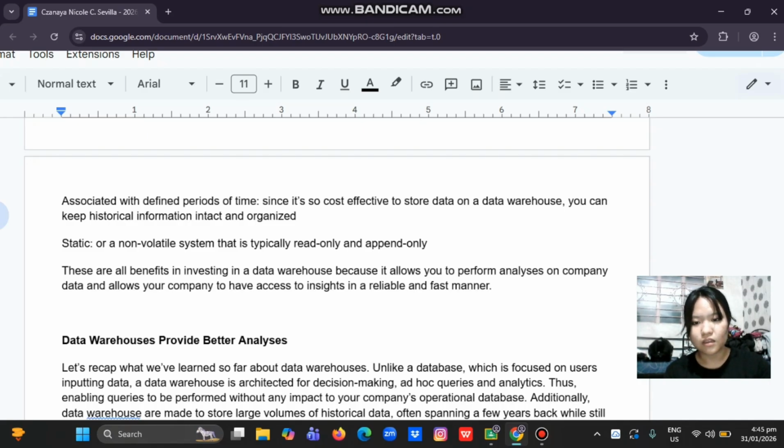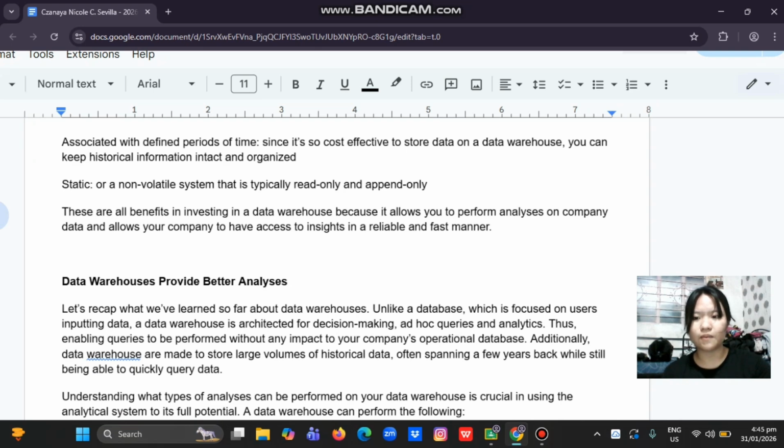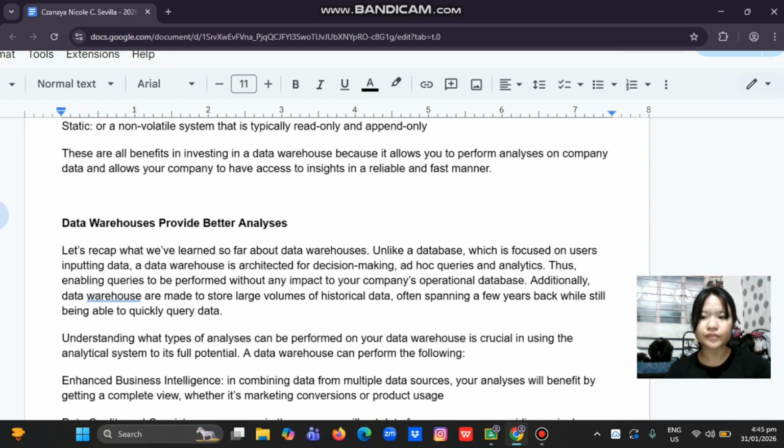Since it's so cost effective to store data on a data warehouse, you can keep historical information intact and organized. Static, on a non-volatile system that is typically read only and append only. These are all benefits of investing in a data warehouse because it allows you to perform analysis on company data and allows your company to have access to insights in a reliable and fast manner.